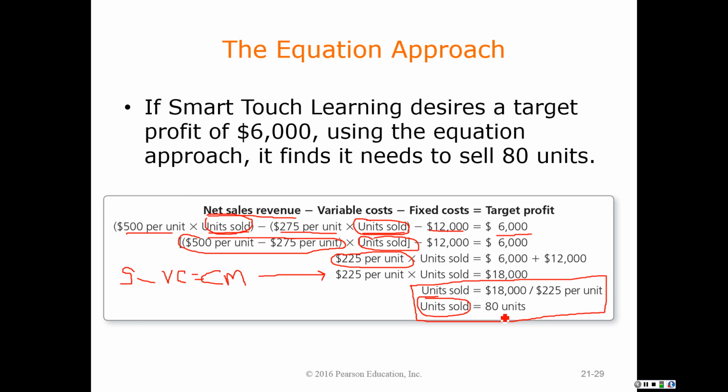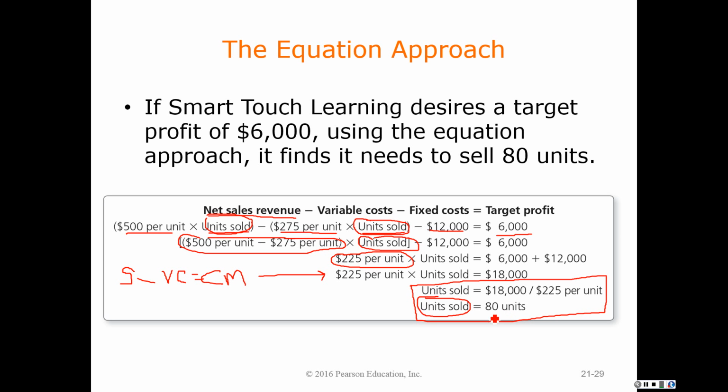Now, the third method that we're going to discuss is the contribution margin ratio approach. What that ratio approach is going to do is help us calculate the dollar amount of sales that we need to generate to break even or to generate a certain amount of profit.